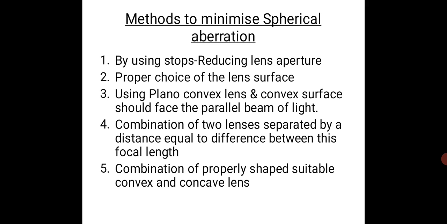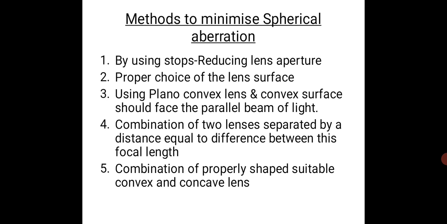Then we will see how to reduce the spherical aberration. There are some methods to minimize spherical aberration, among which we have listed some. First, by using stops. The spherical aberration is due to the larger aperture, so we reduce this aperture.